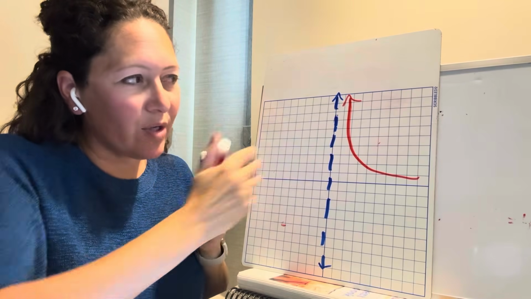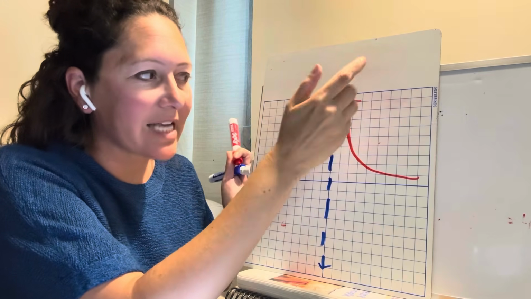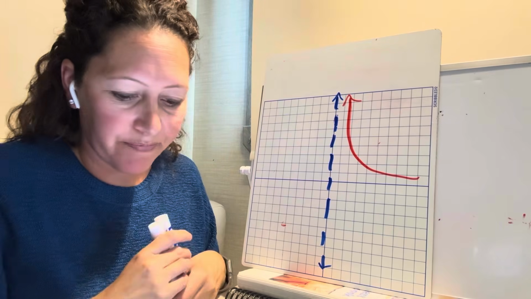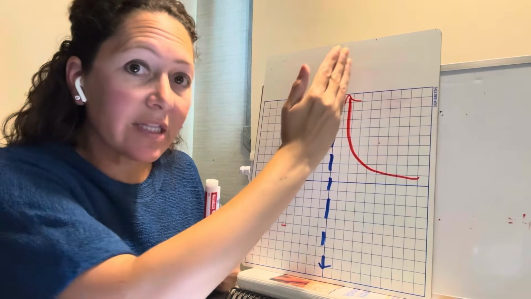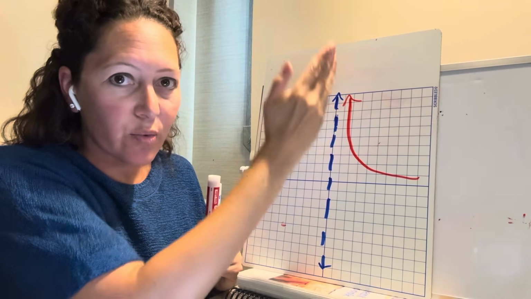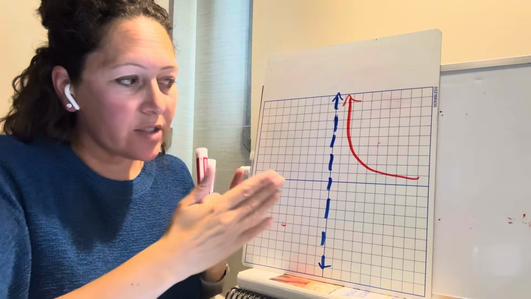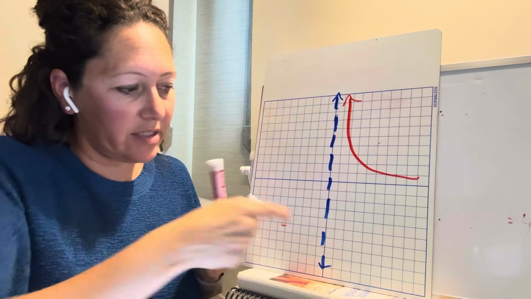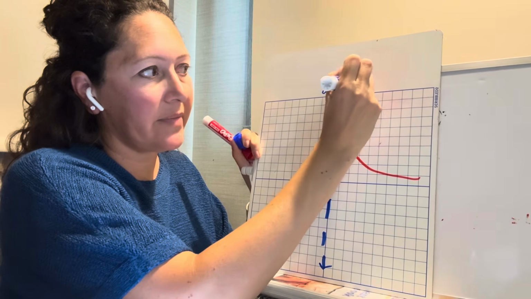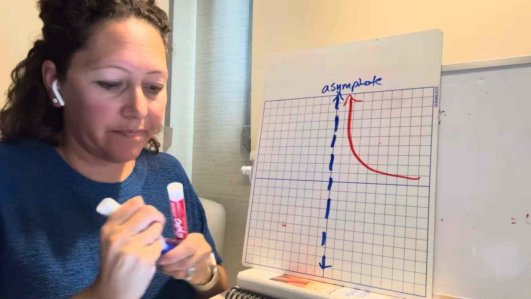And so you could kind of say it's like it's approaching infinity. It's not exactly. It's really that it's undefined. It can't get to that exact point. So you're seeing where the limit approaches, but it can't actually reach that point. So it's never going to reach a value that crosses over this y-axis, your function. So this asymptote is right there with the dotted blue line. And this function is not going to cross it.